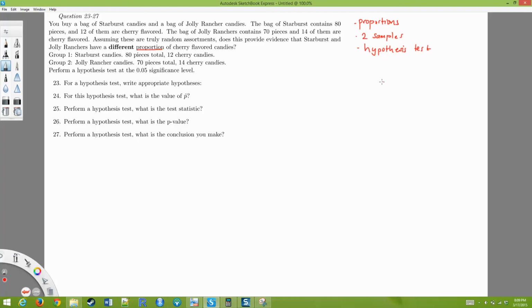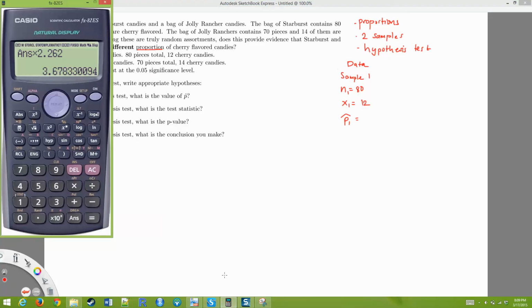Okay, so let's identify our data. So we have sample 1, which will be our Starburst candies. So we have n1 equal to 80 and x1 equal to 12, which makes p hat 1 12 over 80, 15%.